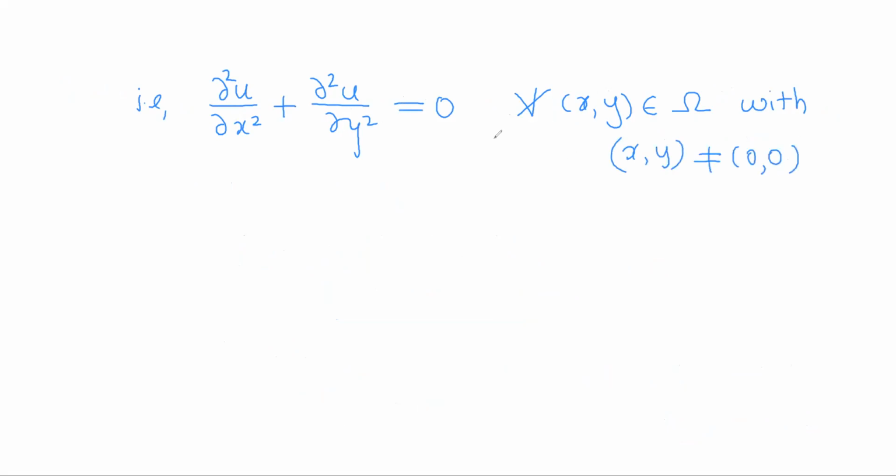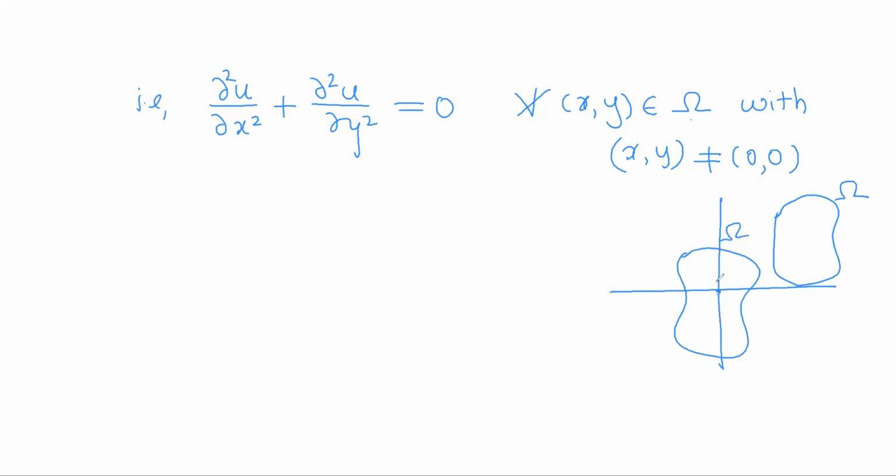But we need this Laplace equation for all the points in Ω, but we got that this equation holds for all the points in Ω except the origin, but we don't know whether the region Ω contains the origin or not. So Ω is given to be just a region, so it could be a region which does not contain the origin, and it could be a region which contains the origin.